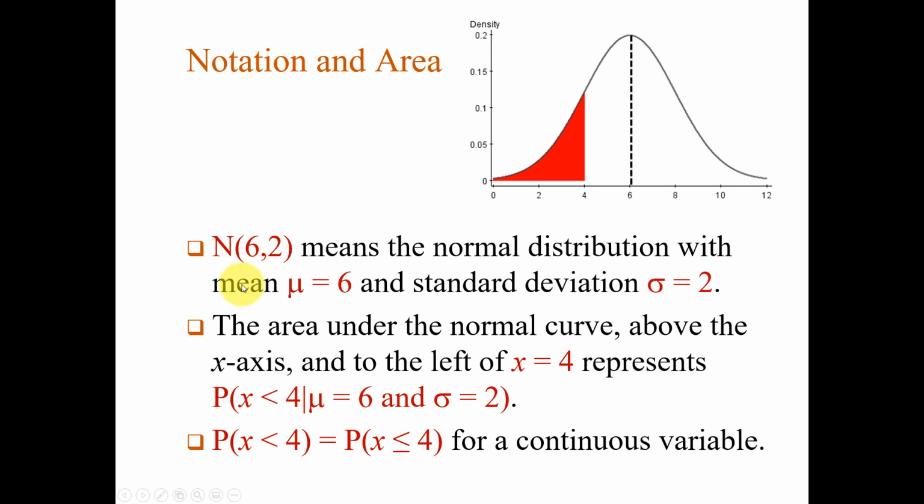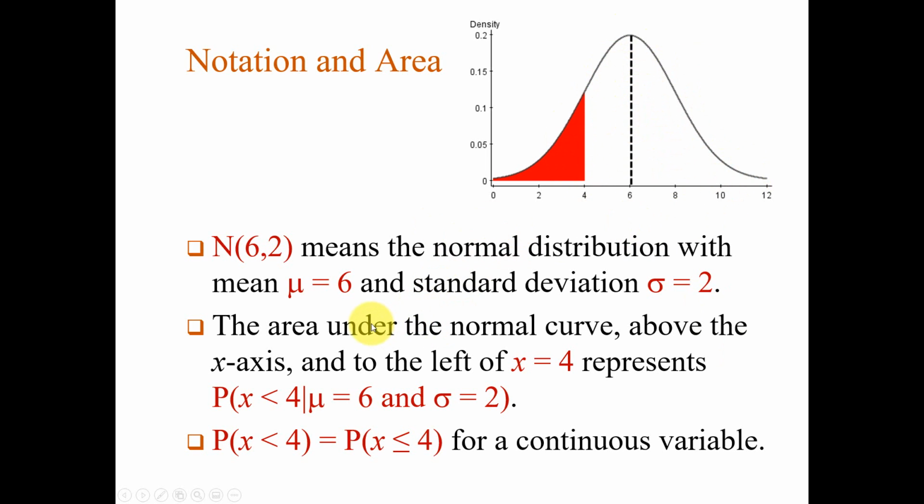So N(6, 2) means that the normal distribution has a mean of 6, mu equals 6, and the standard deviation is sigma equals 2. You can see that represented up here.